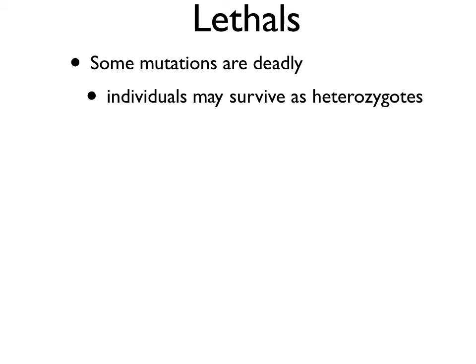And if you think about that randomness, it's quite possible that those changes could be very detrimental to the health of an individual. In many cases, they might result in that individual not even being conceived or not proceeding far beyond conception, okay? So some of these mutations can be incredibly deadly.